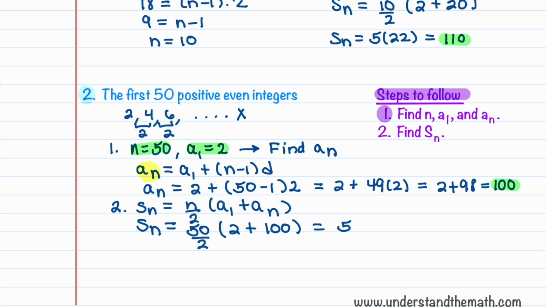So this is 50 divided by 2 times 102. So this is 25 times 102. Let's see, 25 times 100 is 2,500, and then 25 times 2 is 50. So this is equal to 2,550. And that's what our sum is equal to.